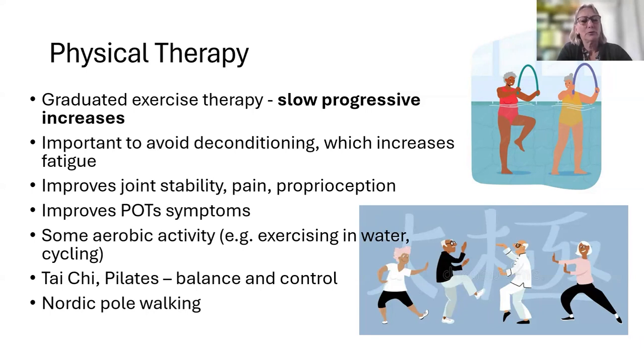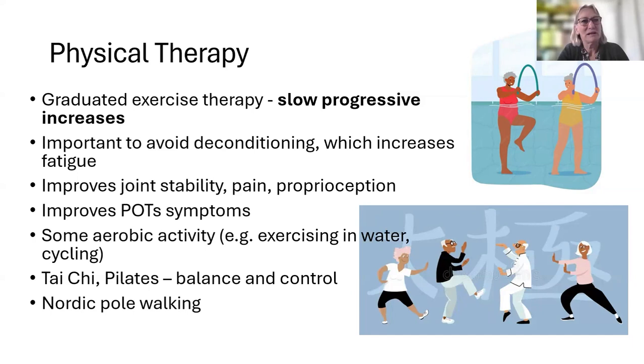Physical therapy improves the joint stability, and that's probably the most important sort of outcome that you're looking for. But it also improves pain. It also improves proprioception, so that you have your joints in a more normal resting state. It improves POTS.